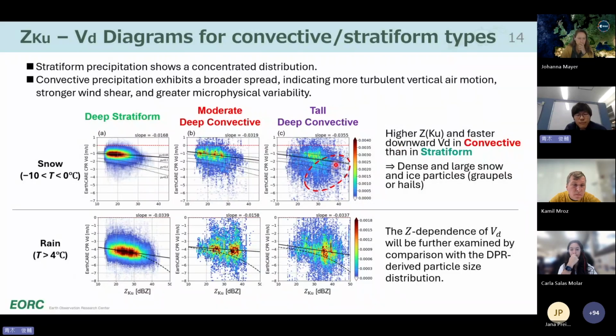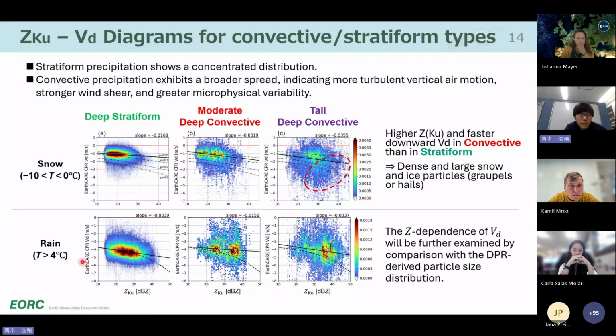And when we focus on the higher reflectivity area, higher reflectivity is related to the faster falling speed. This may be due to dense or large snow particles, especially in the deep convective case, and especially in the tall deep convective case.